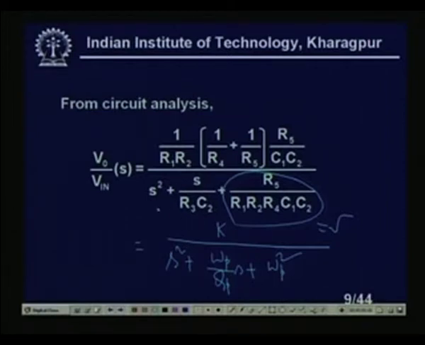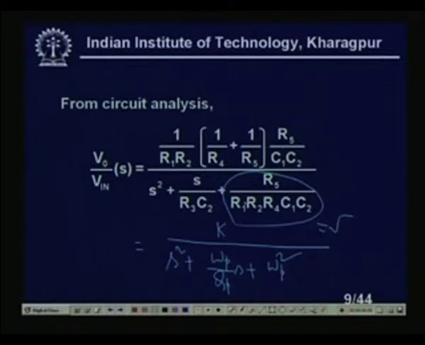So obviously, as you can see here, it is very difficult. You see R3 is present, so obviously you can choose R3 to tune the Qp. That is not that difficult. But tuning the K, that means the gain constant, is also difficult there, because R1, R2, R4, R5, everything is present here.